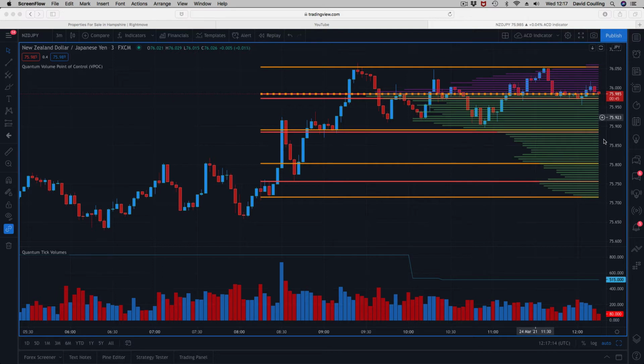So to put it simply, when markets spend a long time at a particular price level, you are going to get higher concentrations of volume, and where the price spends shorter periods of time, you're going to get lower volume.